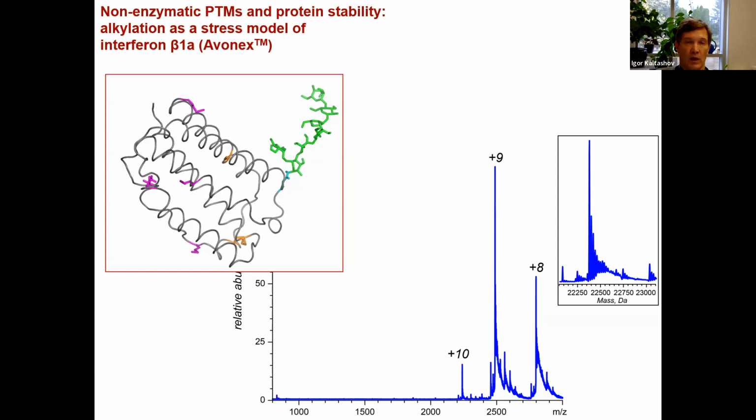What biopharma is more interested in is looking at various modifications of the protein and trying to understand how they affect the stability of the higher order structure of the protein.